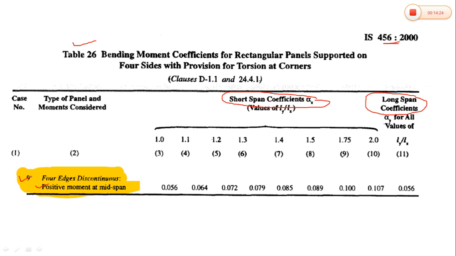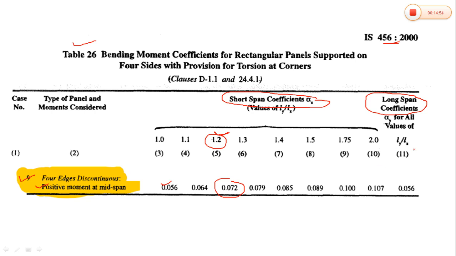So the case is 9. Now Ly by Lx, we can calculate this with the help of the given data. And for this Ly by Lx value, we have the values of alpha x. Suppose the Ly by Lx ratio is 1 by 2, then alpha x is 0.072.